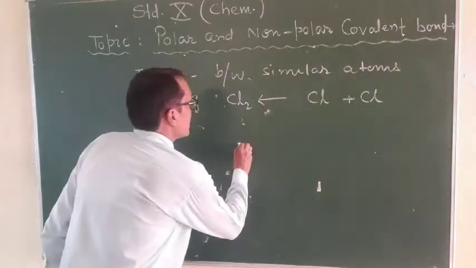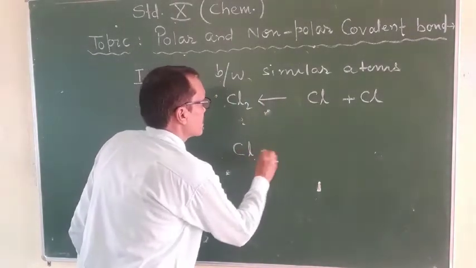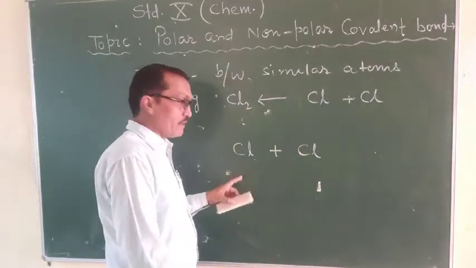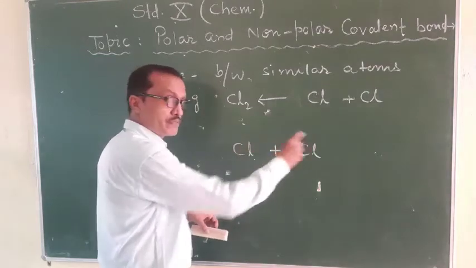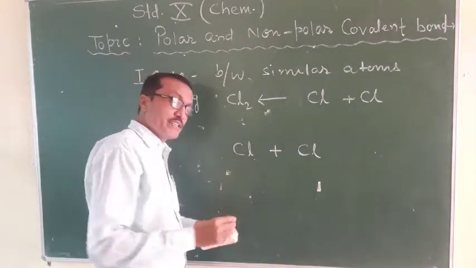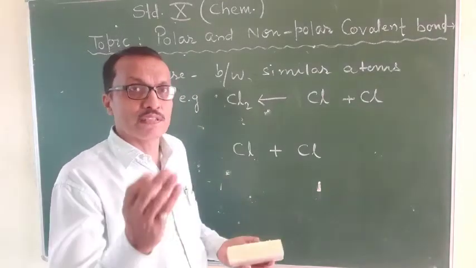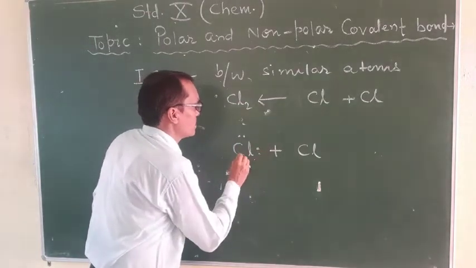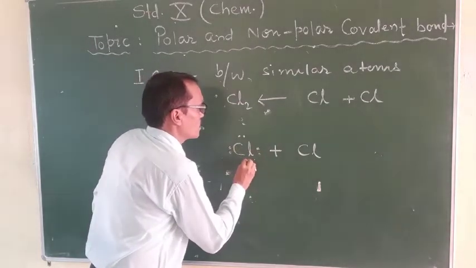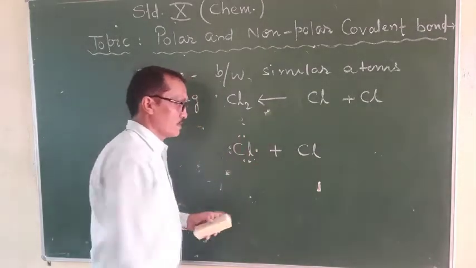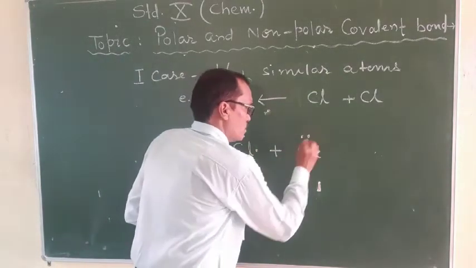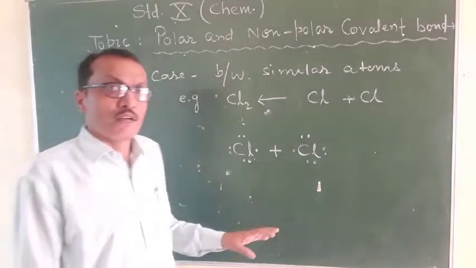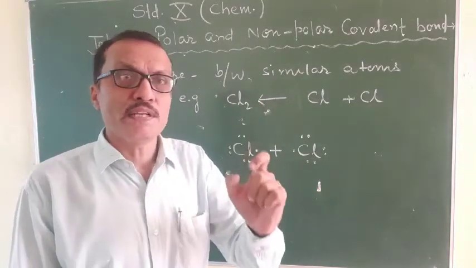You can see this is a chlorine atom and this is another chlorine atom. The number of valence electrons you have to distribute around the symbol of both chlorines. Already you know in case of chlorine there are 7 electrons, in pairs of 2, 2, 2 and 1. Chlorine has 7 electrons.